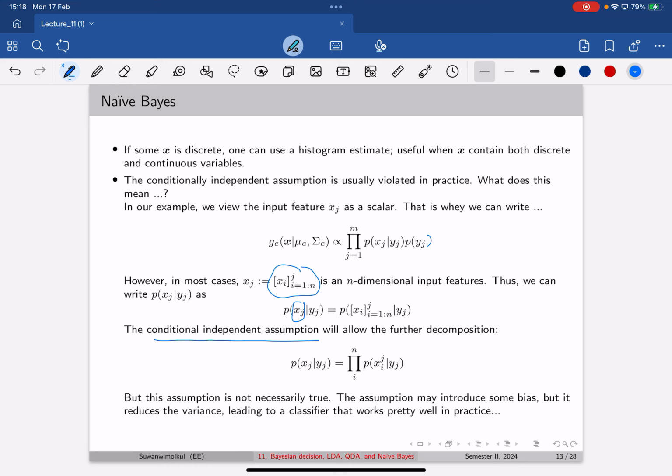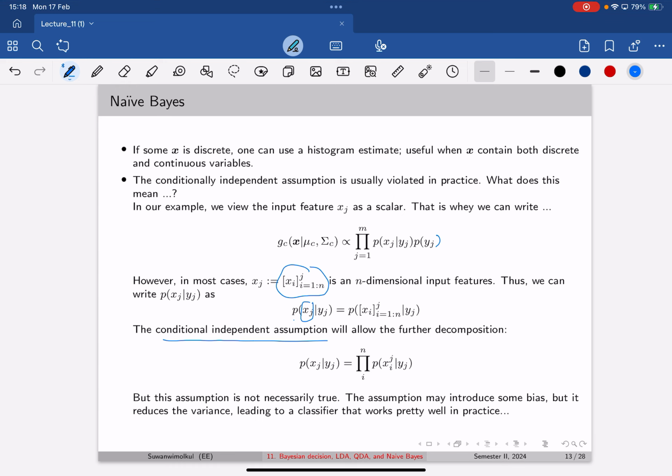If we have the probability of x given y written like that, and x has high dimension, you can write a joint probability over each xi, for each i being a coefficient in n dimensions. In other words, your xj is now in Rn, and you can write it as a vector x1, x2, up until xn, but of the j sample.